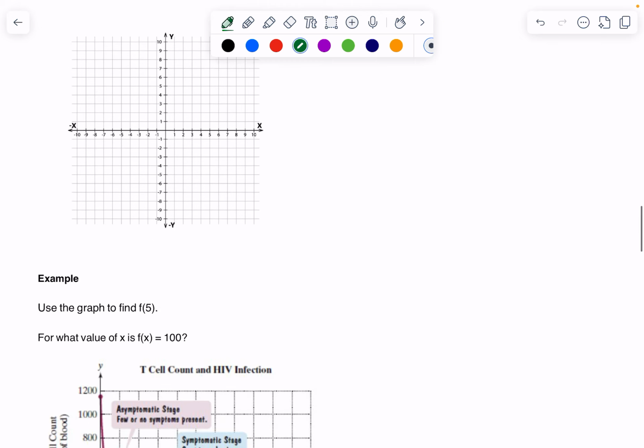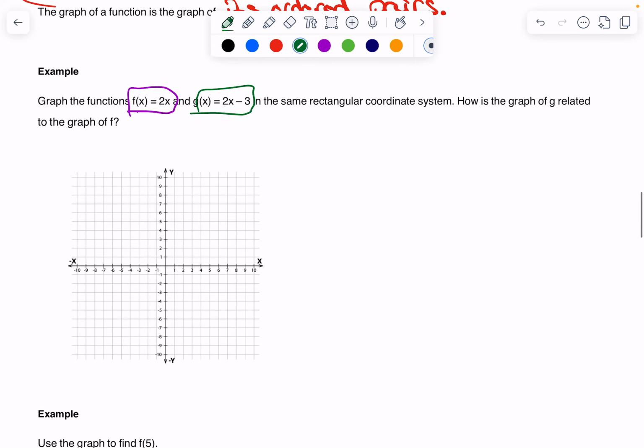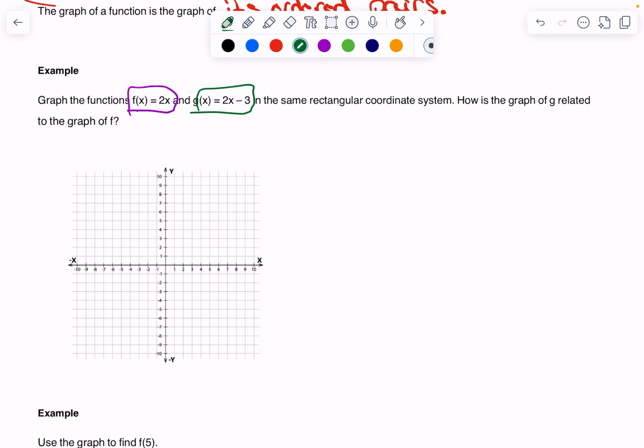We're going to set up a table, or a partial table. So we're going to do x here and then y equals 2 times x.